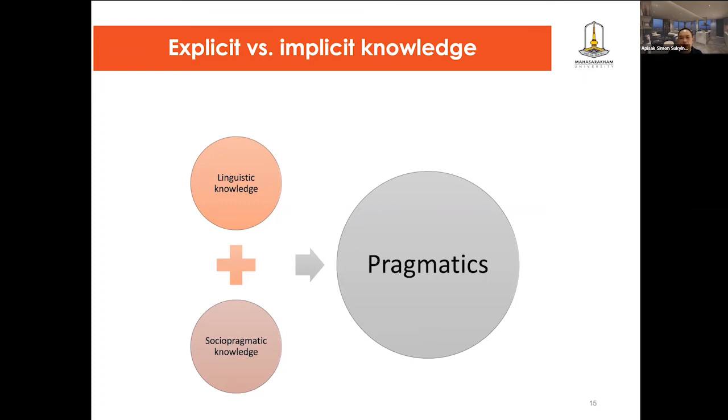You may feel very happy when you write your thesis, but think about the reader, the one who reads your thesis. Do they really feel happy about your writing? So we try to avoid that kind of thing. That is why pragmatics needs to be aware in our language as well. We need to learn about that.